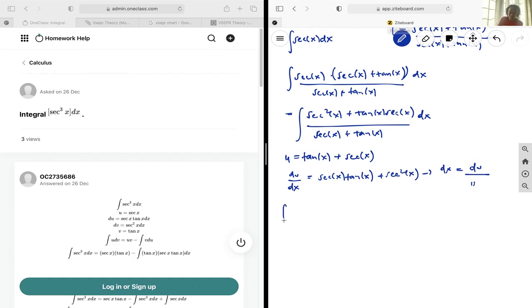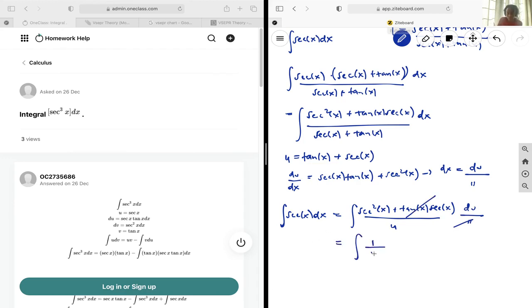And so when you put it in, we get that the integral of secant x dx is going to be equal to the integral of secant squared x plus tan x secant x over u multiplied by du over the same thing. These two are going to cancel, and we're going to get that this is equal to the integral of 1 over u du.